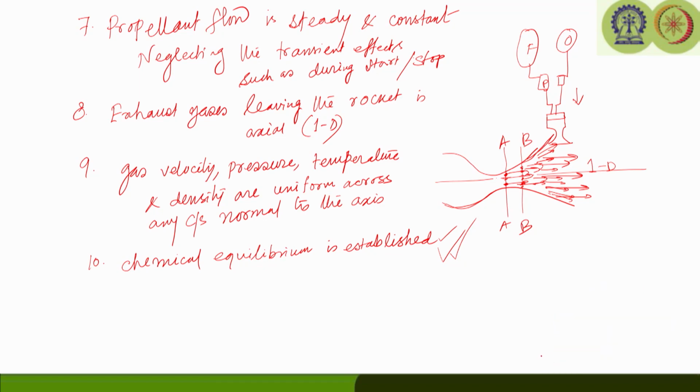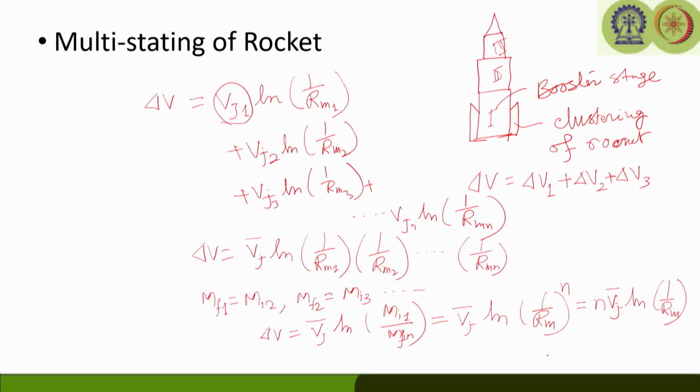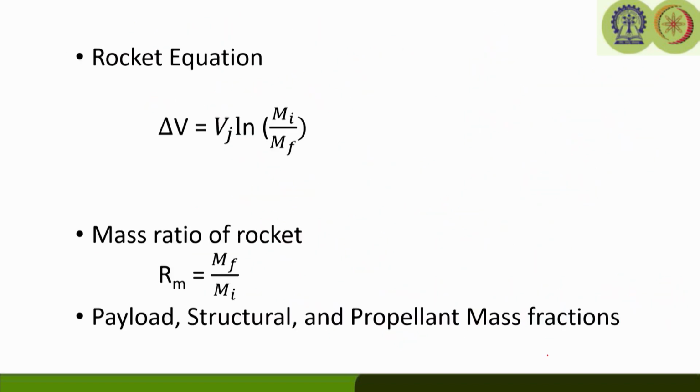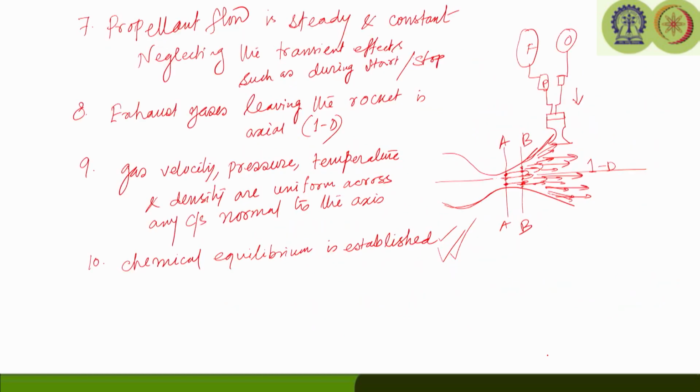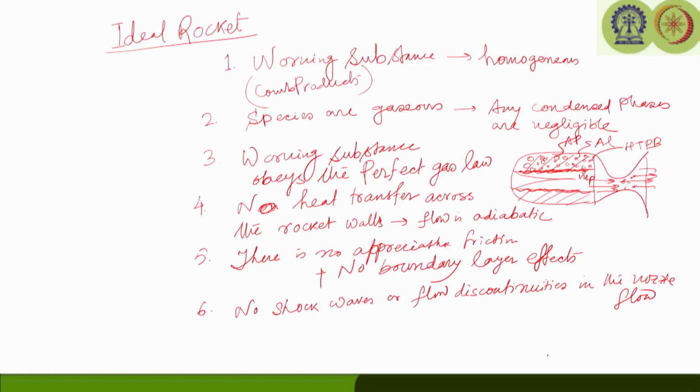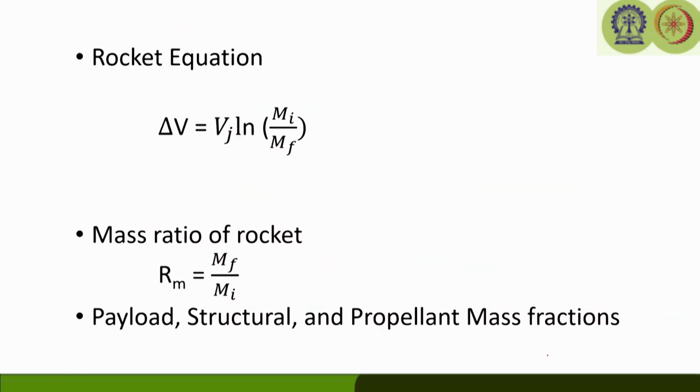If you recall, our important term in the rocket equation was delta V equals Vj ln mi by mf. So, we said that we should at least look at the influencing parameters which affect Vj. So, let us try to derive this. What we need to consider here is the flow through the nozzle.